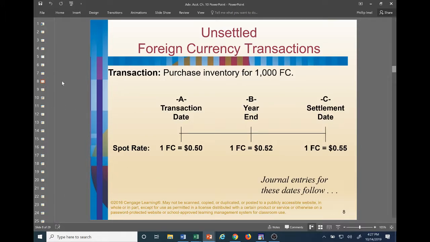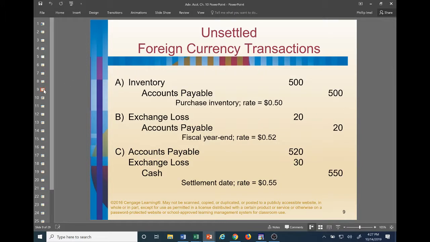So what about at point B at the year end? At this point, the spot rate is that one foreign currency equals 0.52, so 52 cents. Let's go back down and look at the journal entry. For B, the exchange loss would be 20 because we're incurring a loss here, and the accounts payable would be increased by $20 because at fiscal year end the rate is 52 cents per foreign currency as opposed to 50 cents.